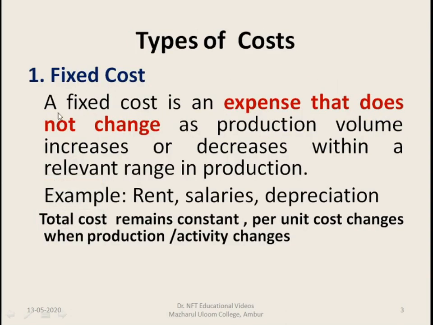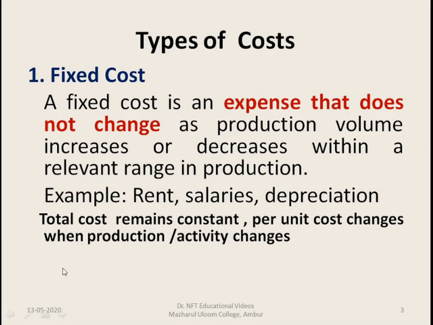Fixed cost. A fixed cost is an expense that does not change as production volume increases or decreases within a relevant range in production. So, your fixed cost will remain constant whatever the level of production. Examples: rent, salaries, depreciation.